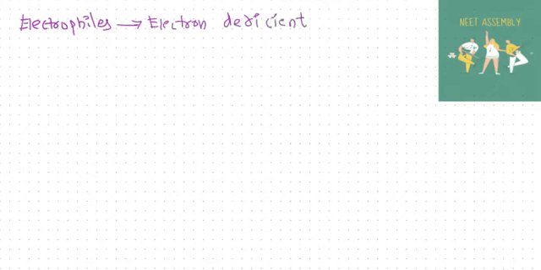Electrophiles are electron deficient, so you can say Lewis acids. Lewis acids are those which can accept an electron pair, so Lewis acids can act as electrophiles.